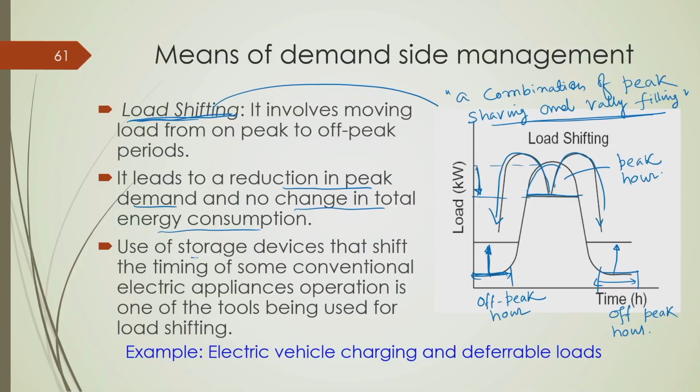And how can you do that? By use of a storage device that can shift some timing for this energy. One such thing is electric vehicle charging. Instead of charging in the peak hour, you can shift it to the off peak hour.